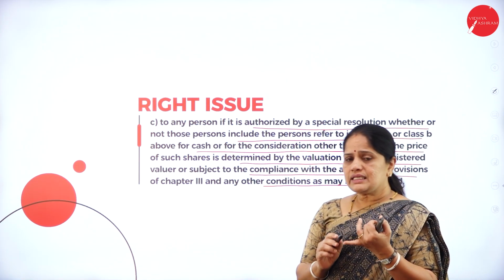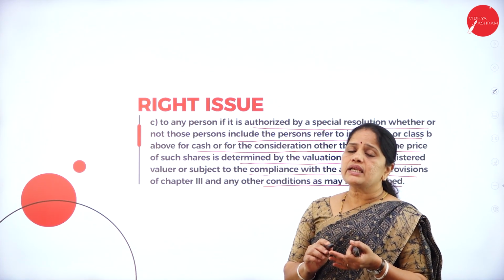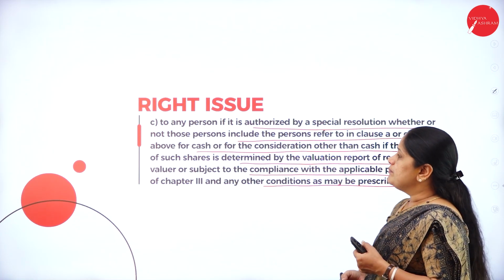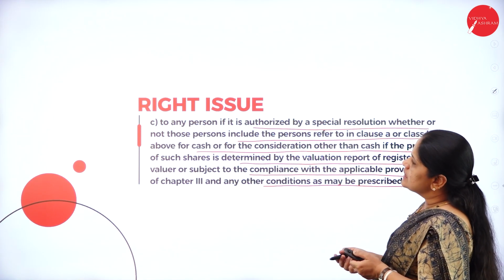So other than the existing equity shareholders and the employees, these equity shares can be given to anybody who is able to pay the cash. So this is what we mean by the rights issue.